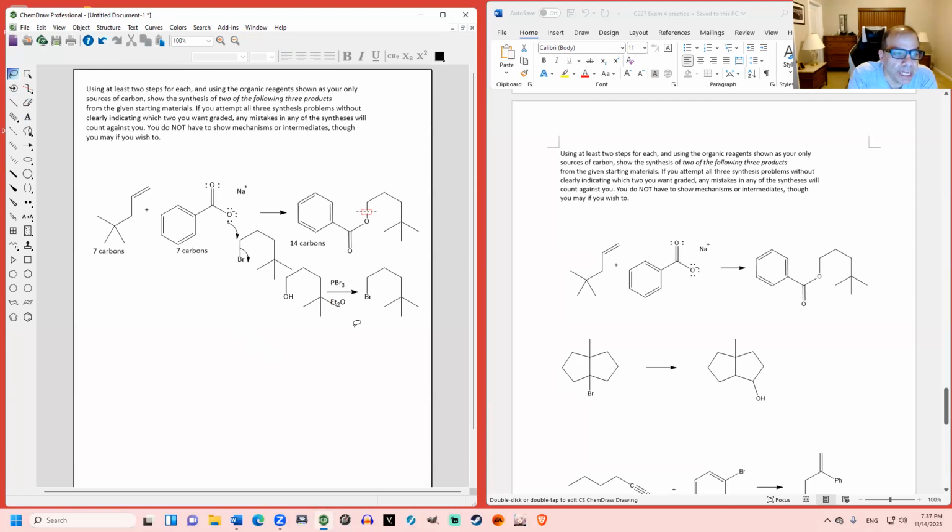So that's the reagent that we would use to convert the alcohol to the bromide. Once we have the bromide, we would treat it with the benzoate ion and get the product. So we're getting closer and closer to our starting material. In fact, now we can get from the starting material to this alcohol in one step.